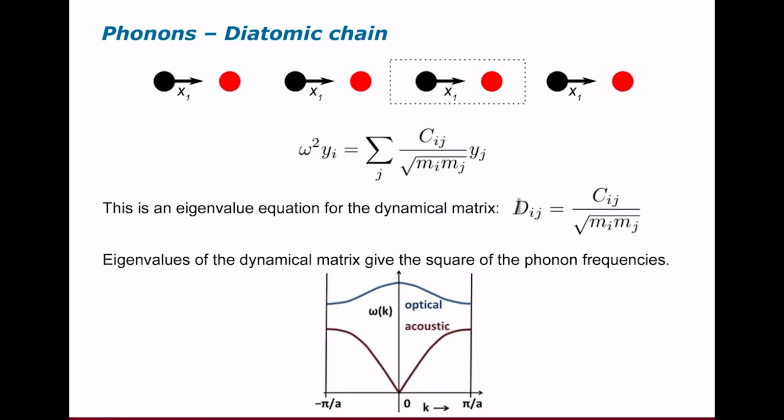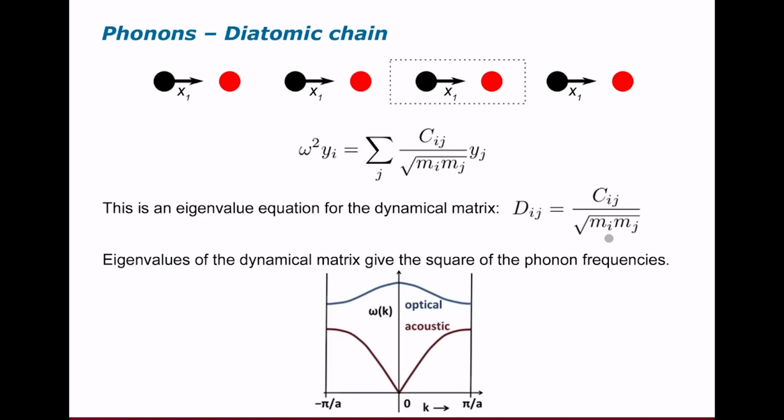And the dynamical matrix is nothing other than the second derivative of energy, which is the force constant matrix C, divided by the square root of the masses of the 2 atoms. So again, the phonon frequency squared is the dynamical matrix eigenvalue, and the dynamical matrix is the force constant matrix, the second derivative of energy, divided by some mass factors.